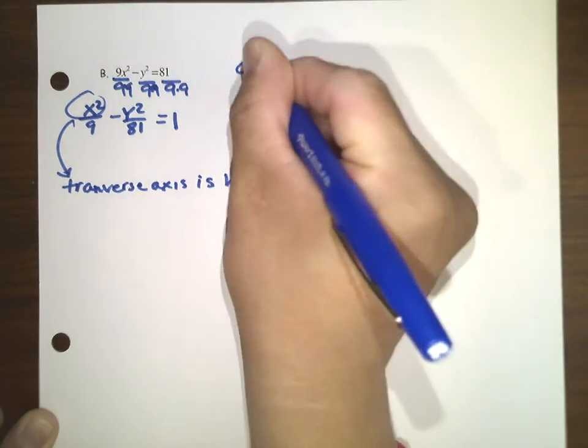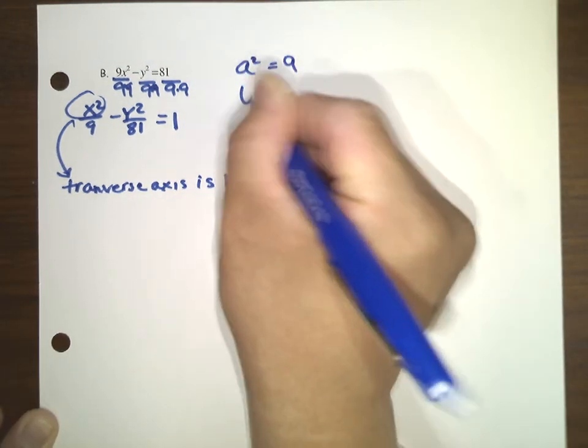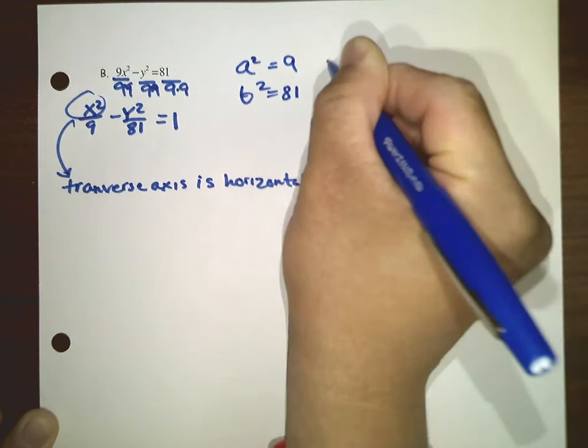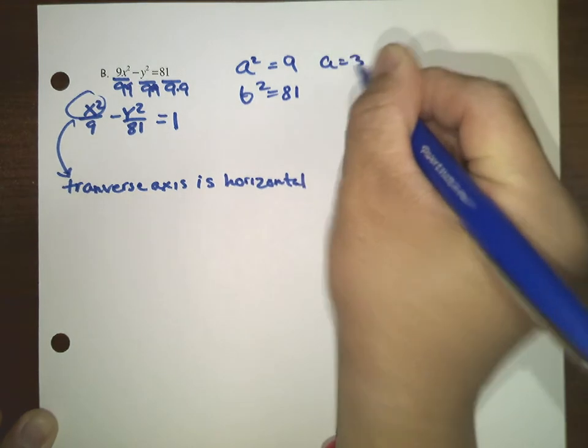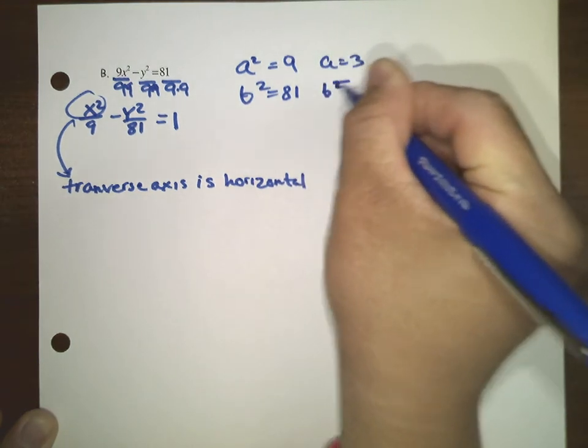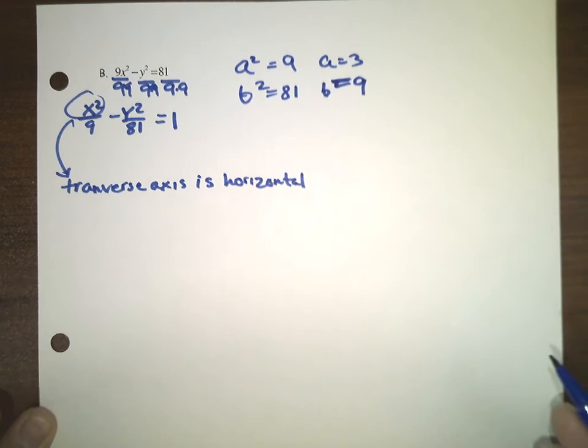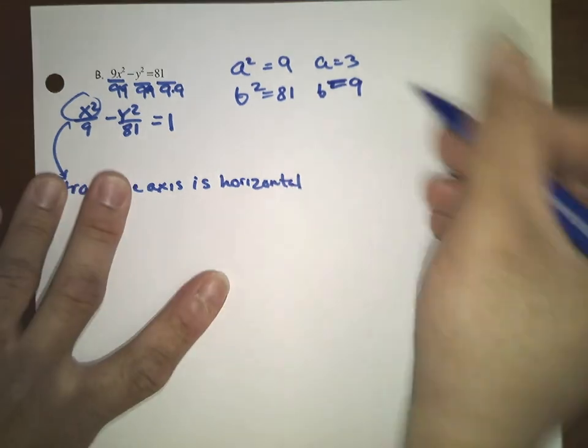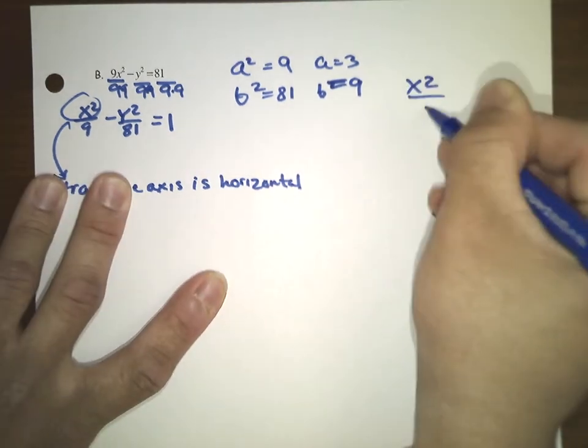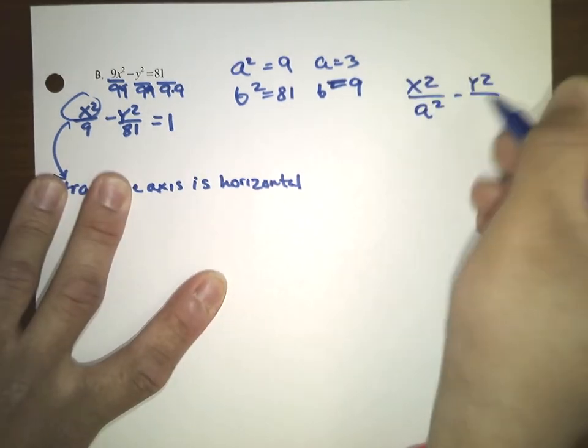So a squared is 9, b squared is 81, so that makes a equal to 3 and b equal to 9 when we take the square root. So again, this is of the form x squared over a squared minus y squared over b squared is equal to 1.